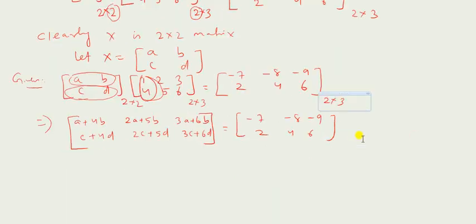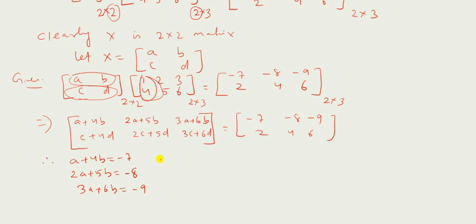Now let us compare the two matrices to get the values of A and B. Therefore I have A plus 4B equal to -7, then 2A plus 5B equal to -8, and 3A plus 6B equal to -9.